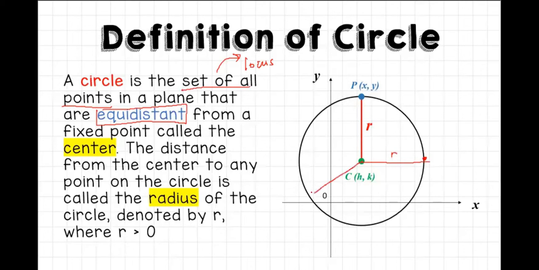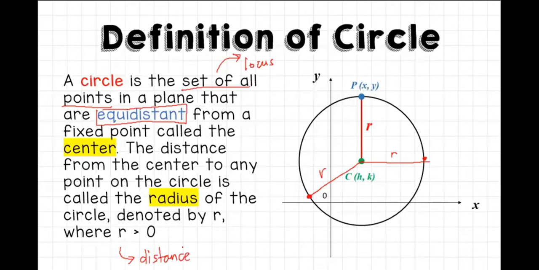Okay? Kahit saang point in the circle, isa lang po ang radius mo. And your radius should be greater than 0. It needs to be greater than 0. Since radius is also the distance, saan ka nakakita ng negative na distance.